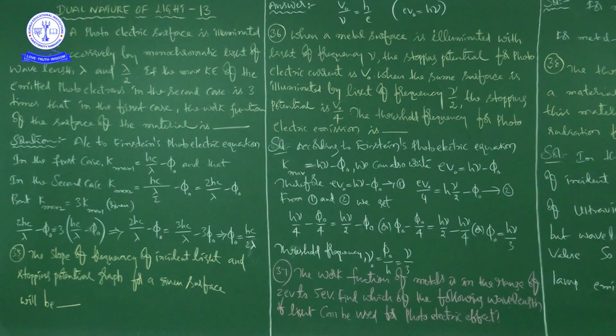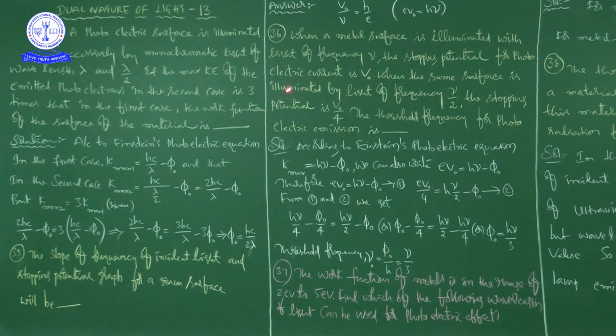Next problem, 36. See here, when a metal surface is illuminated with light of frequency nu, the stopping potential for photoelectric current is V0. Okay, right.